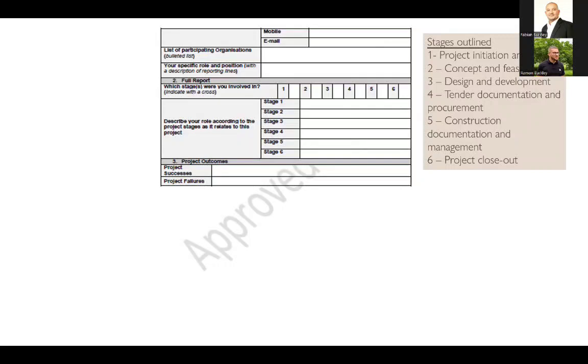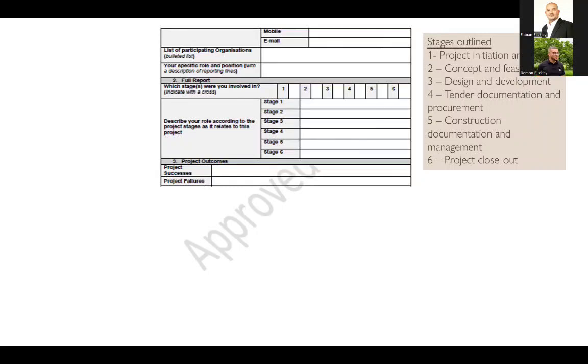Then you've got the client, which is, for example, Mekem, which was our client, and we were appointed as the principal contractor. And then if we have any contractors or subcontractors working under us, we will appoint them. And then you'll have to list them in bullet points, which one is exactly what particular function or role or designation for each organization. Then you will indicate your specific role and position with a description of reporting lines.